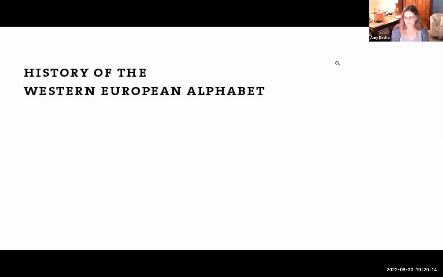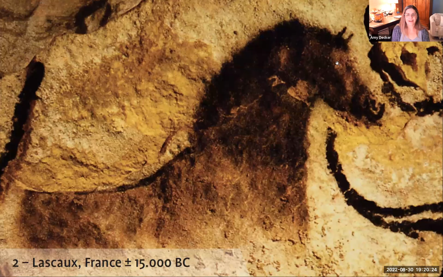Anyone remember? Wasn't it in China? It was China, and it was like 400 years before Germany. So there's a lot of differences depending on what alphabet we're talking about. That's why I want to make sure we're understanding what this lecture is about: the Western European alphabet.